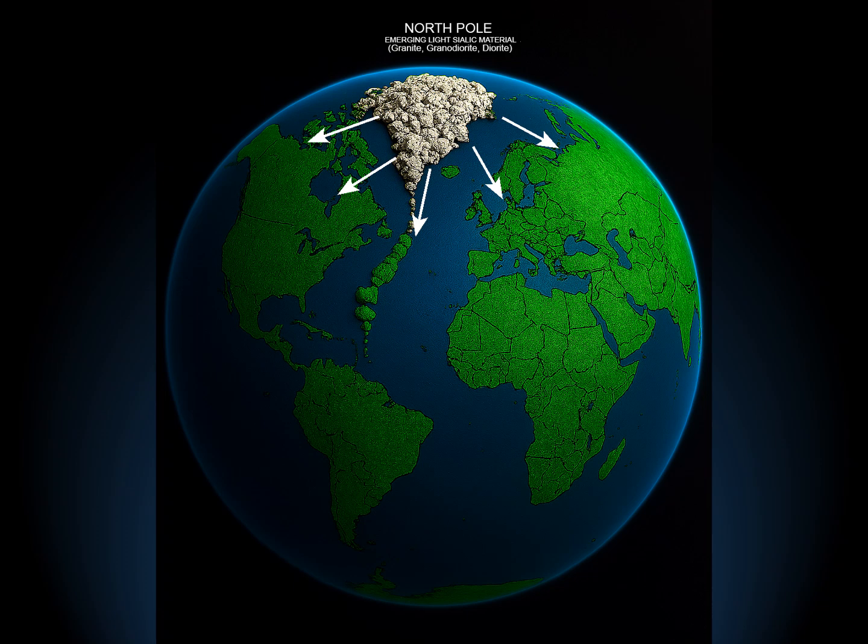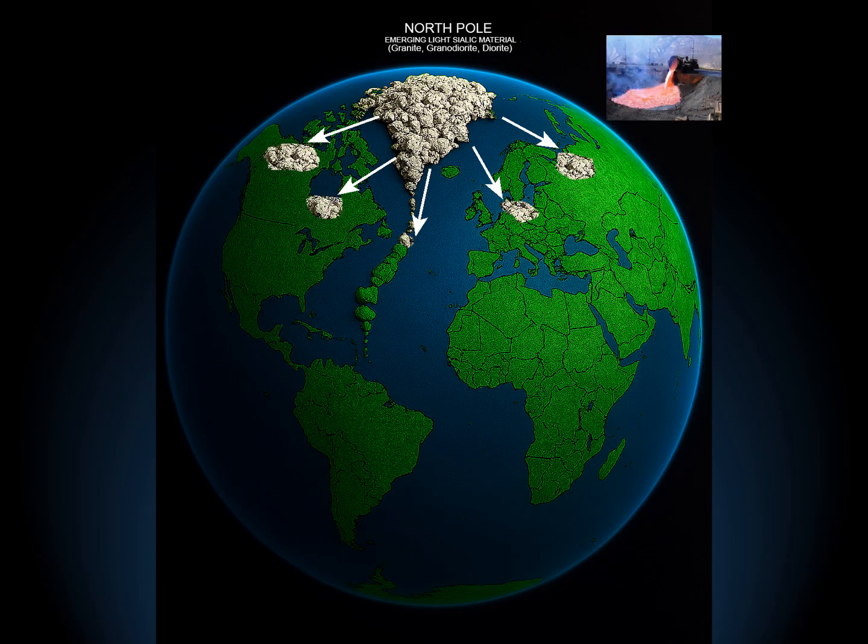Note that the current distribution of that emerging light sialic material is shown in green. Here we can see the emerging light sialic material, that is slag, moving southward. The movement, of course, would be in every direction from the North Pole.